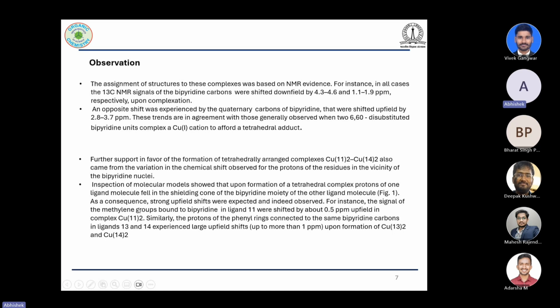As a consequence, a strong field shift is expected and indeed observed. For instance, the signal of the methylene group bound to bipyridine in ligand 11 was shifted about 0.5 ppm upfield in copper 11 complexes.